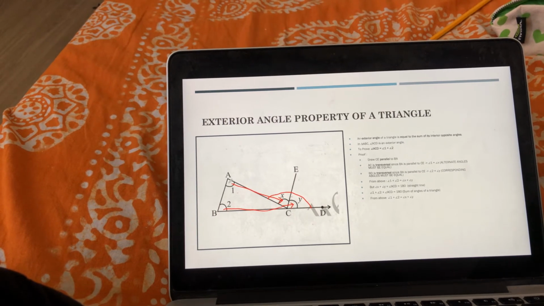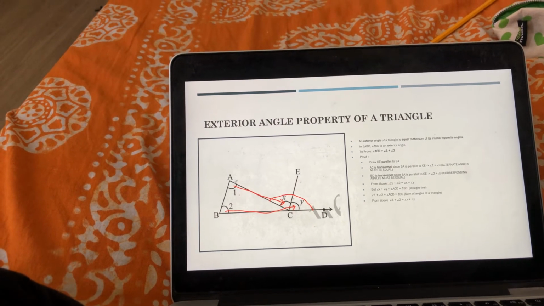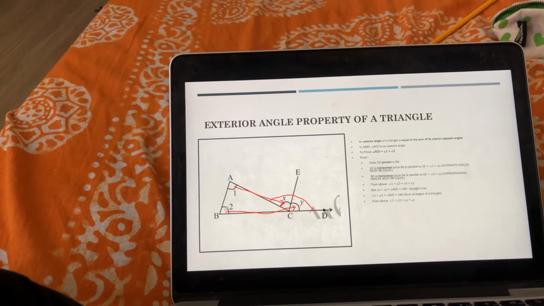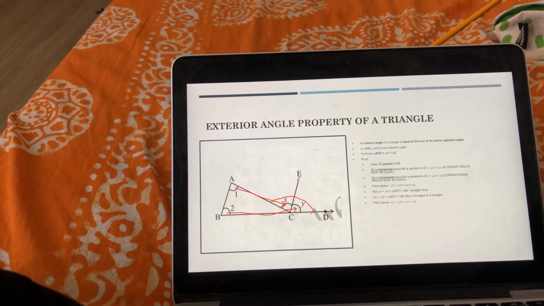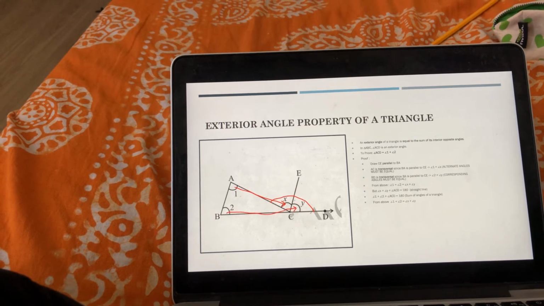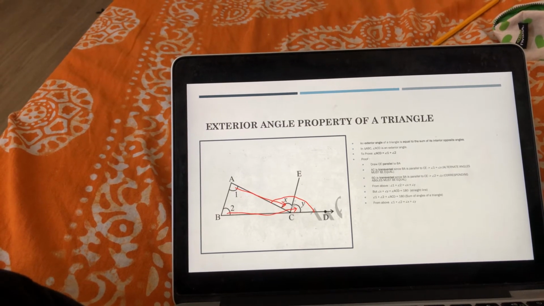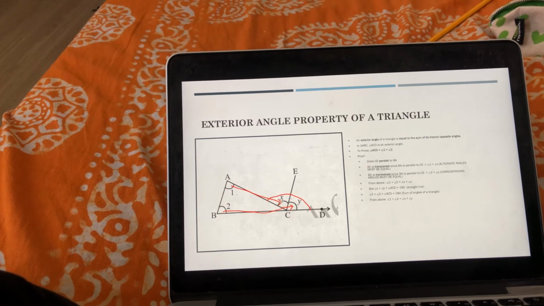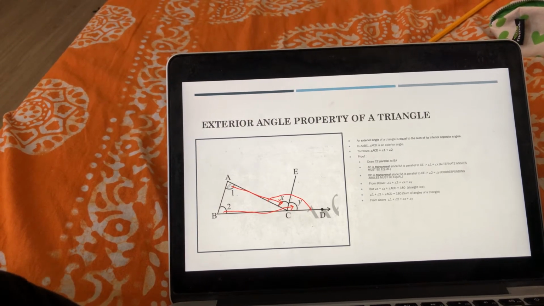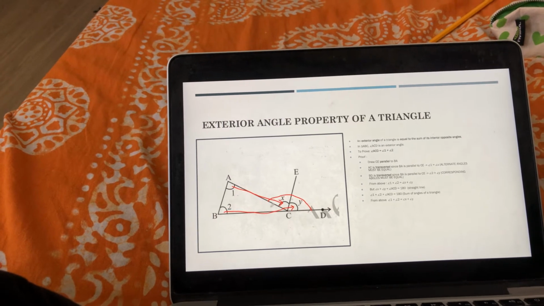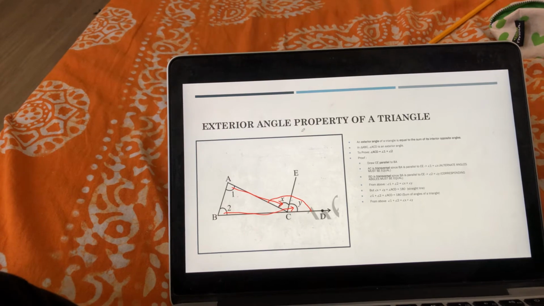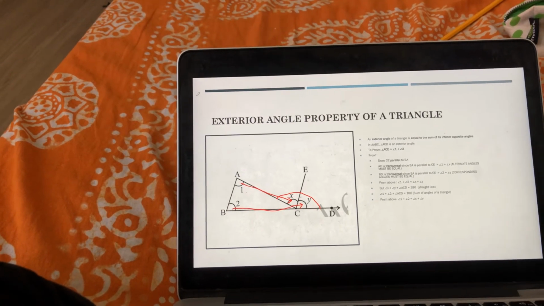Based on the concept of transversal and alternate interior angles, 1 must be equal to x, and based on the transversal BC, AB and EC are parallel, so angle 2 is equal to angle y because they are corresponding angles. So angle x plus y is equal to angle 1 plus 2, but it is equal to angle ACD. That is the exterior angle property.